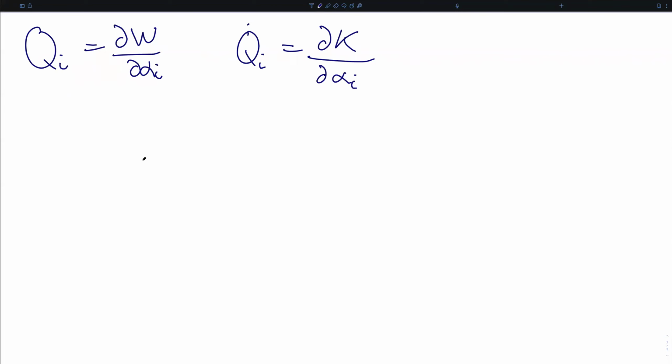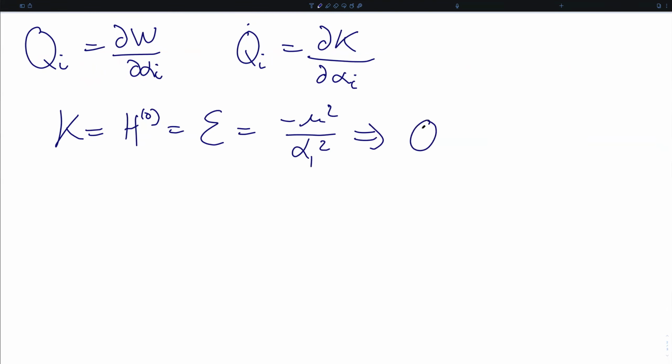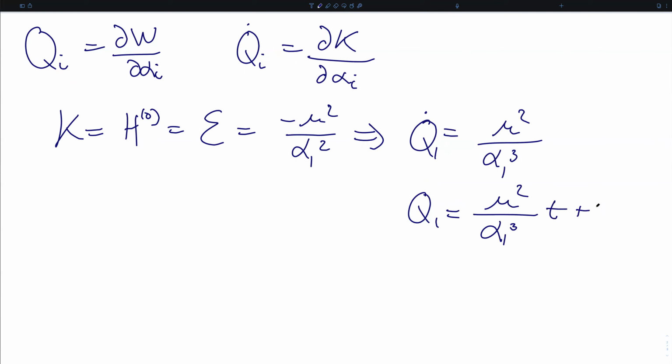In this case, just as in the planar case, we have K equal to H0 equal to the specific energy equal to negative mu squared over alpha 1 squared. And therefore, the time derivative of the first transformed generalized coordinate, Q1 dot, is equal to the derivative of this expression with respect to alpha 1, and so therefore mu squared over alpha 1 cubed.